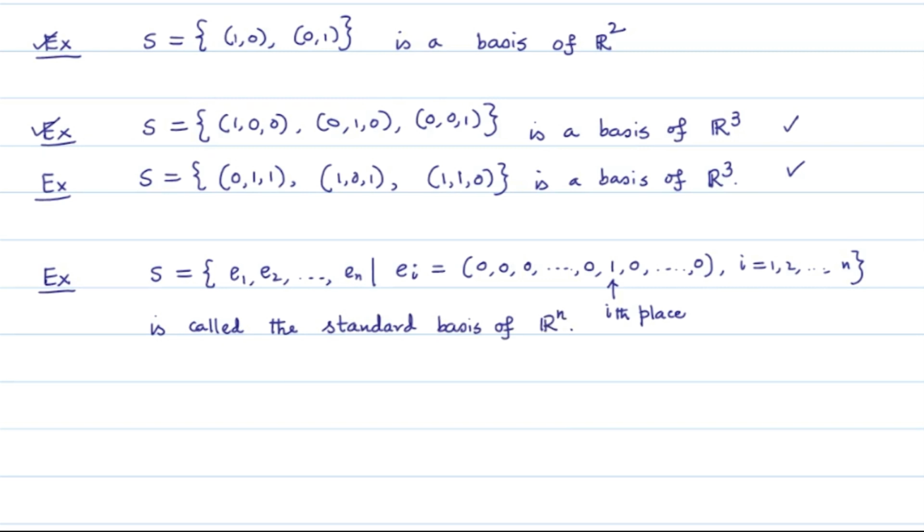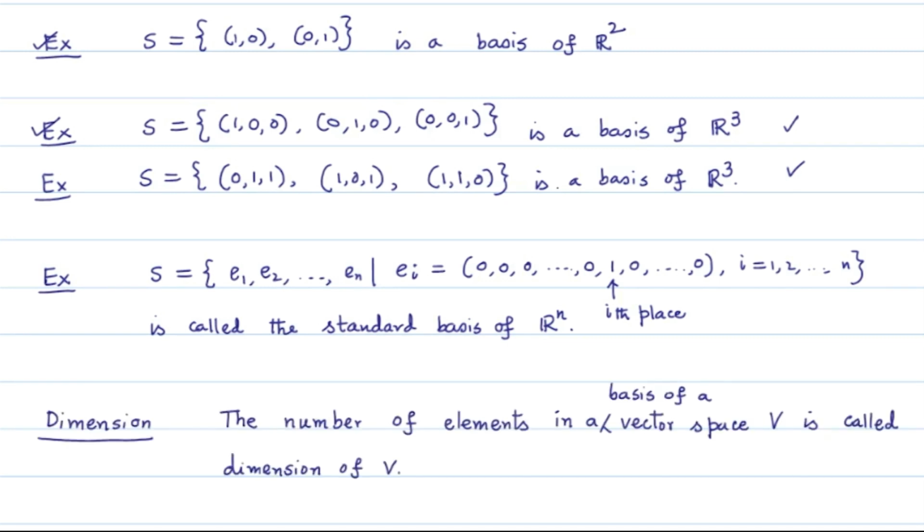The number of elements or cardinality of a basis of a vector space is called the dimension of the vector space. Due to this definition, we notice that R2 space has dimension 2, R3 space has dimension 3, and the Rn space has dimension n.